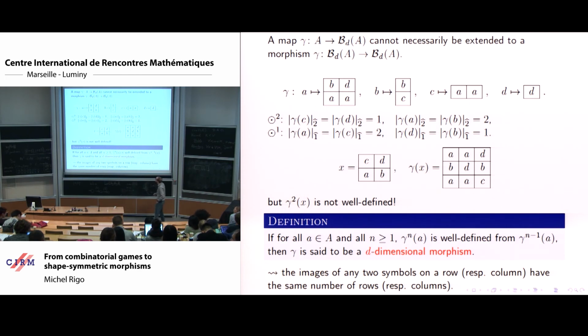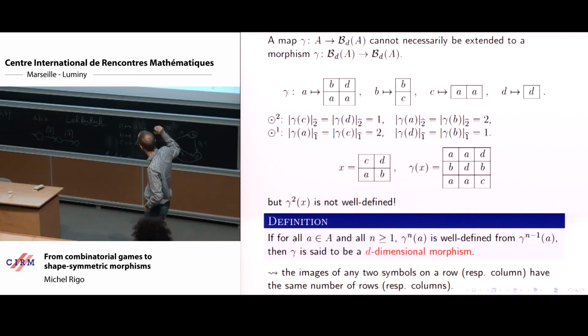So, for instance, on that example, gamma, you have these 4 images, and you can do some gluing in some nice way. For instance, you see A and C, they have the same number of columns. So if A is just above C, I can glue them together here. A and B, if you look at the images of A and B, you have the same number of rows, so you can glue them here.